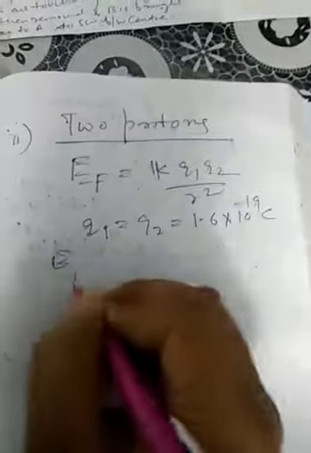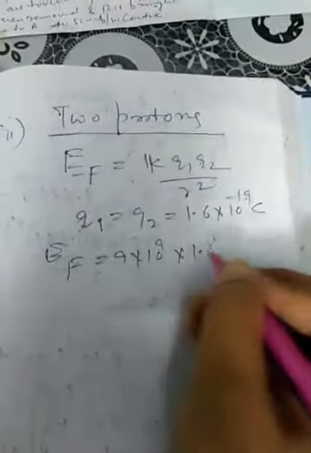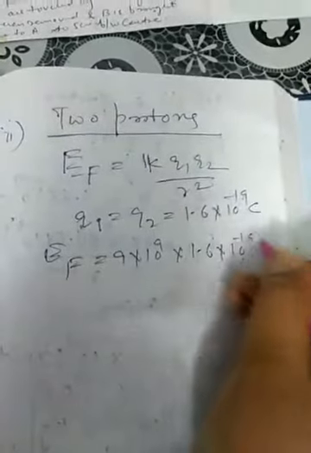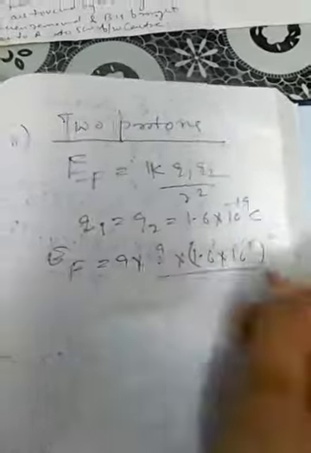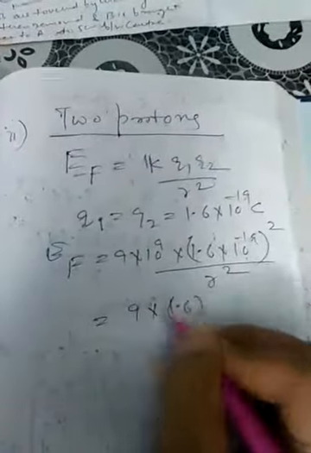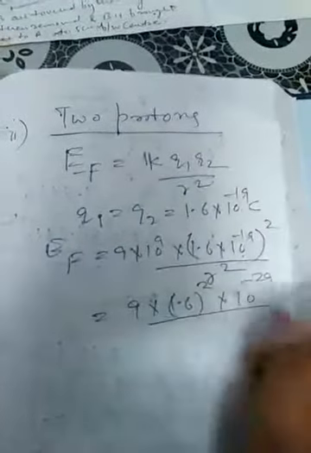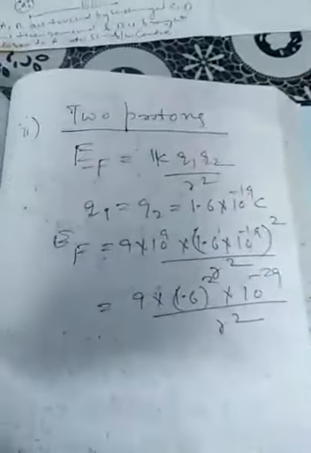So the electrostatic force is equal to 9 × 10^9 × (1.6 × 10^-19)² upon r². That means 9 × 1.6² × 10^(9 - 38) upon r². So that is the value of this one.